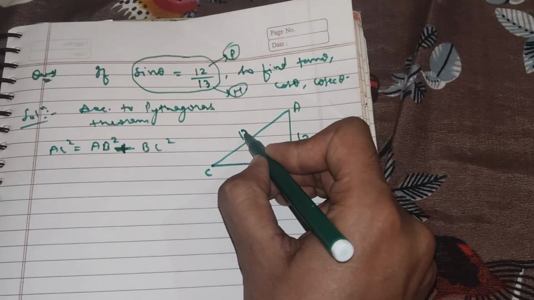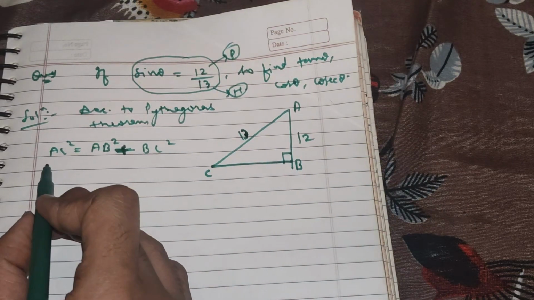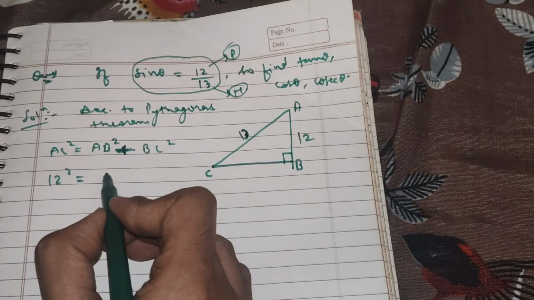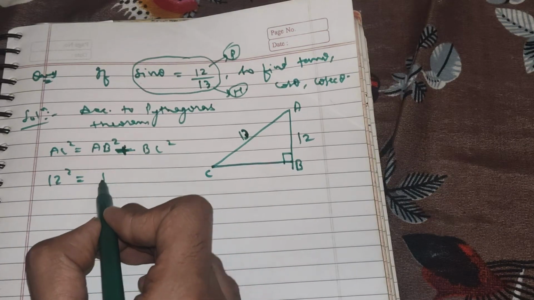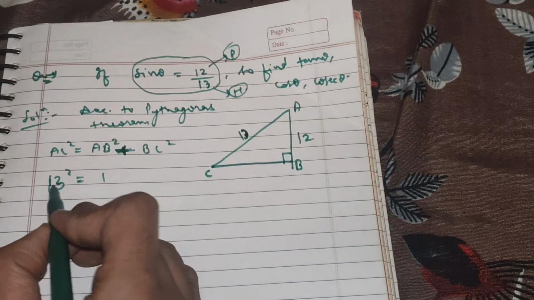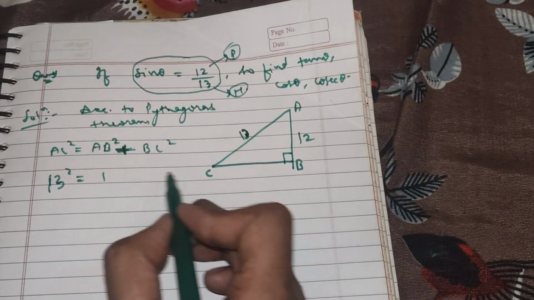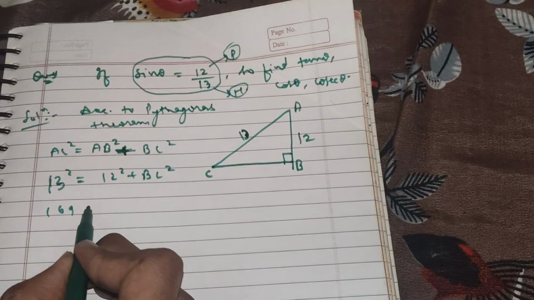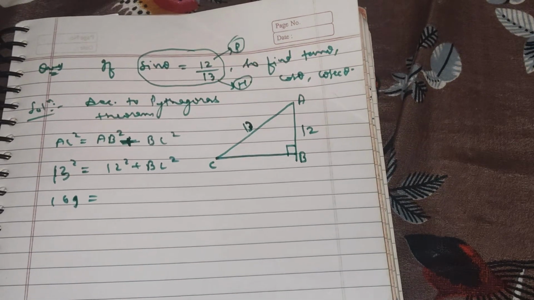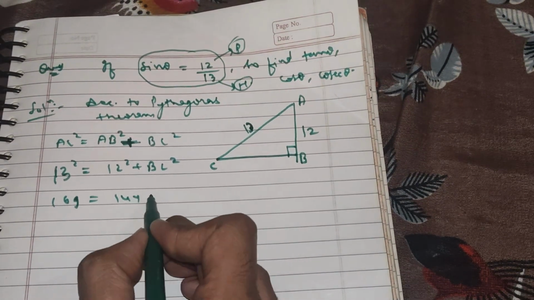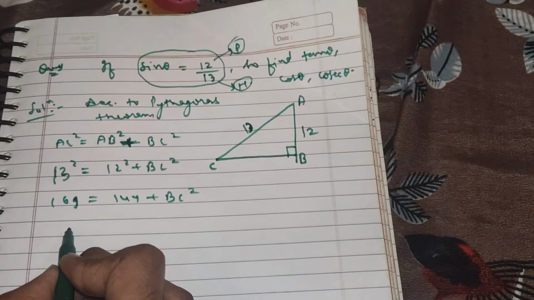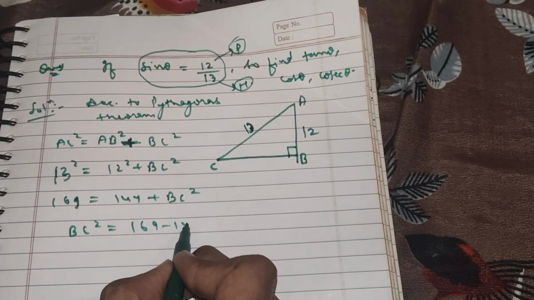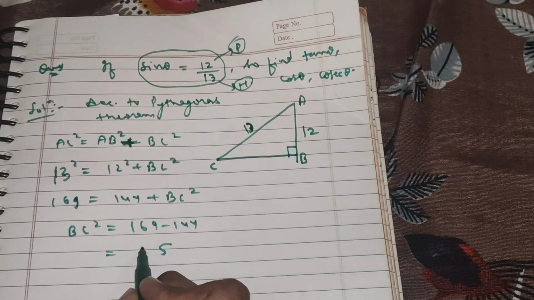So while calculating the base, AC is 13 square, AB is 12 square, plus BC we have to calculate. So 169 is the square of 13 and 12 square is 144 plus BC square, so BC square is equal to 169 minus 144, that will be 25.